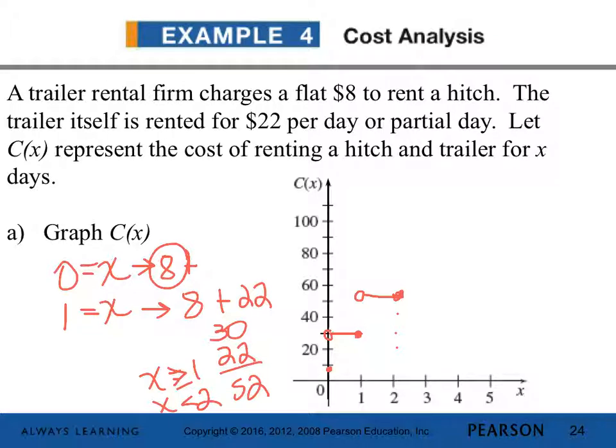Now if you add another day, that adds another 22 to our 52, which is going to be 74. So at the end of the second day and all the way into the third day, it'll be $74. And then the next day it's going to go up $22 more, so that'll be $96.